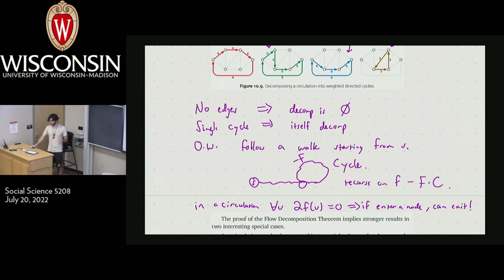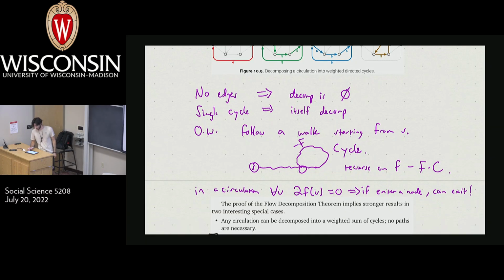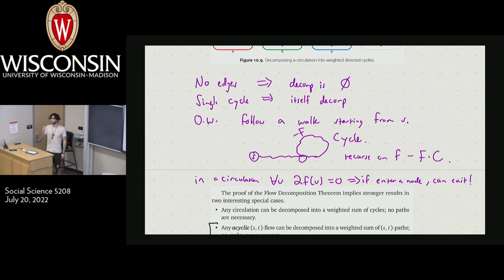So when we're doing this walk, if we ever follow flow and hit a node, we know there's a way to leave. We'll never get trapped. Even at T, we won't get trapped because we're assuming the whole graph is a circulation. So T also has ways to get back to S. That's the key thing there. Eventually, this walk will repeat a node. That's the important part.